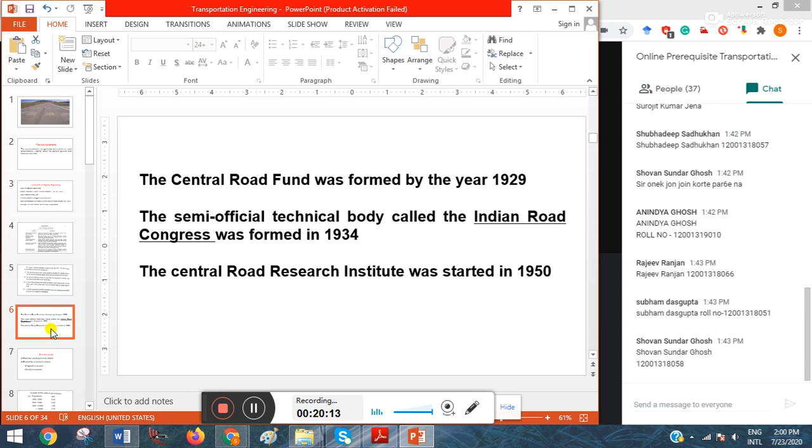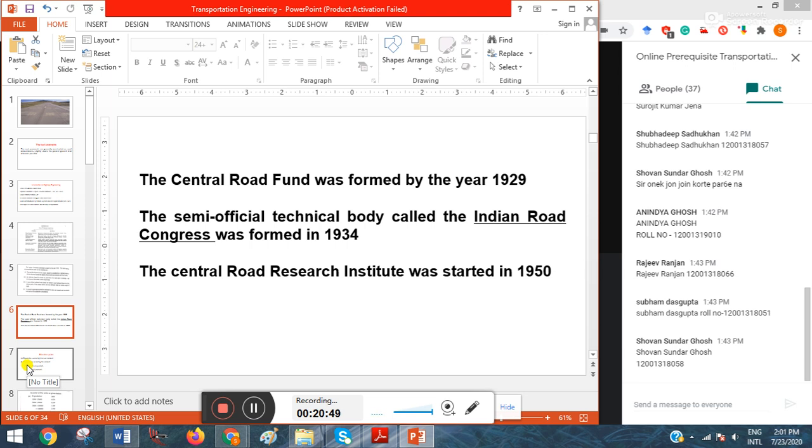The Central Road Fund was formed in 1929. The semi-official technical body called the Indian Road Congress was formed in 1934. The Central Road Research Institute was started in 1950. So CRF in 1929, IRC in 1934, CRRI in 1950. This is very important.